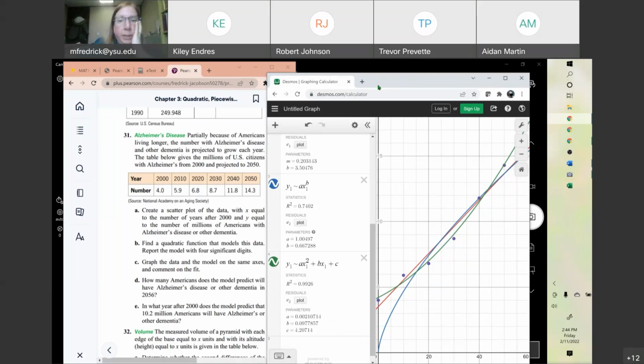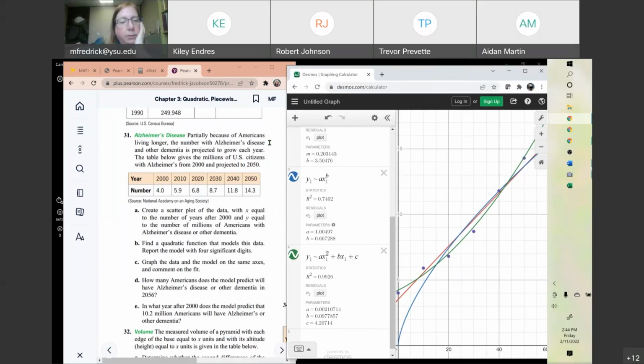Okay, part B says to find a quadratic function that models this data, which is what we did right here. So y equals a, which is 0.002. Now, on MyLabs, make sure you round to whatever they say.